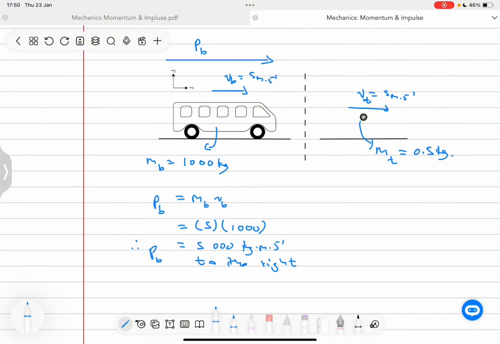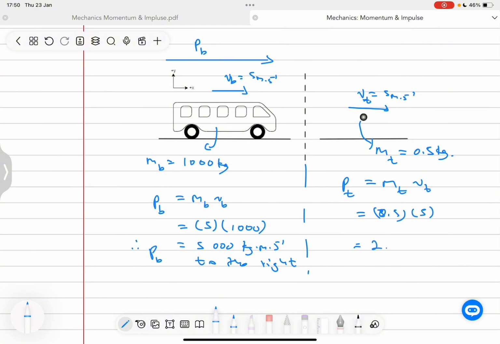Now if we compute the momentum again on this side of the tennis ball, it is going to be pt is equal to mt times vt, so that I have 0.5 multiplied by 5 because they have the same velocity, remember.